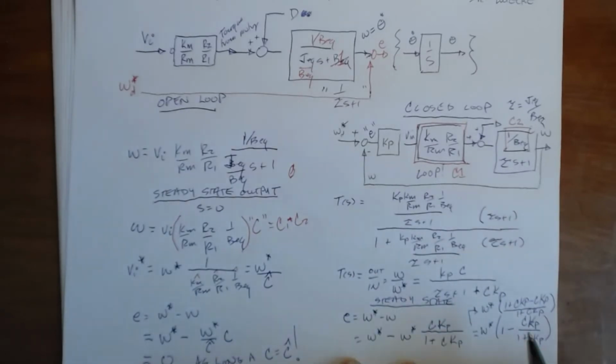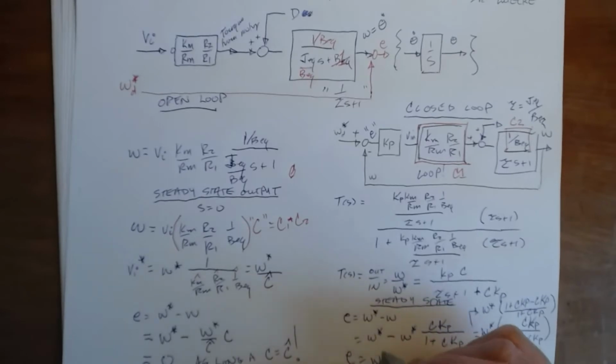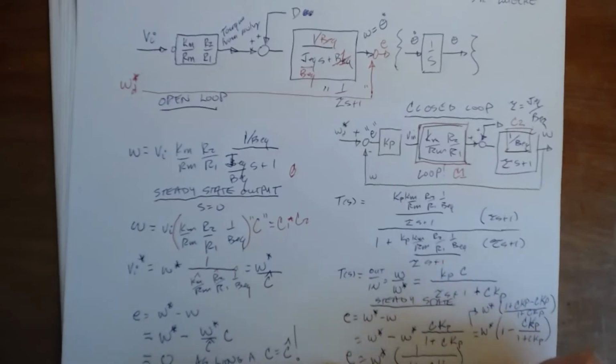So if I have 1 plus CKP minus CKP, that means that the error is equal to omega star, whatever I desire it to be, times 1 over 1 plus CKP. So there's always a little bit of error.